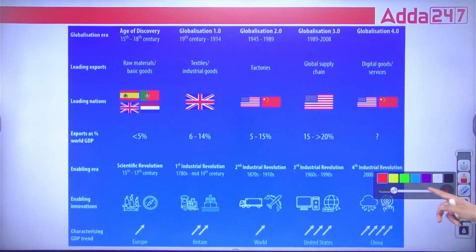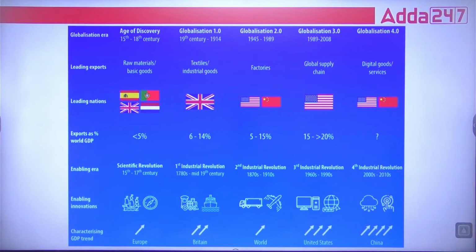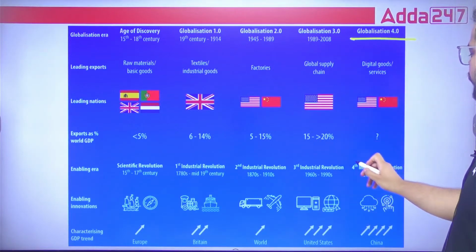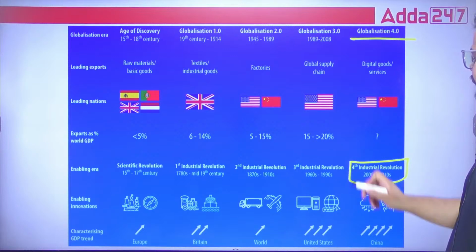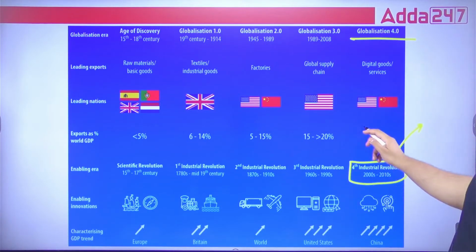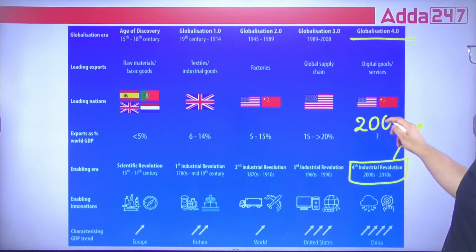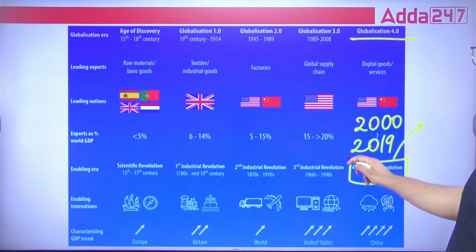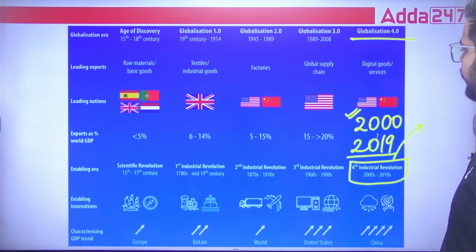Here, the important thing you must remember is that globalization 4.0 is also known as the fourth industrial revolution, which started in 2000, and till 2019 we can say this revolution was there.